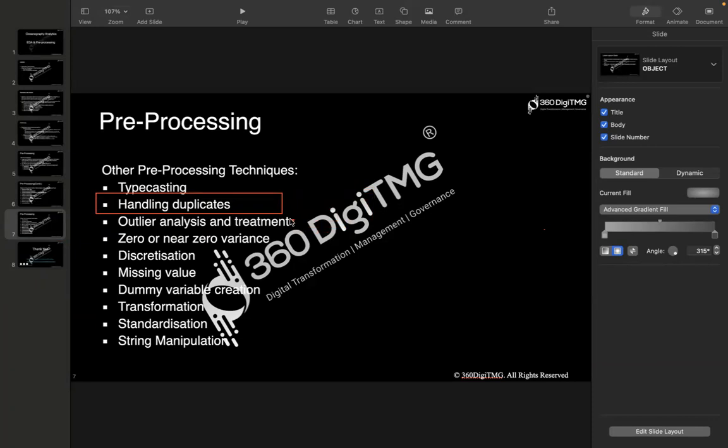Then we have outlier analysis and treatment.